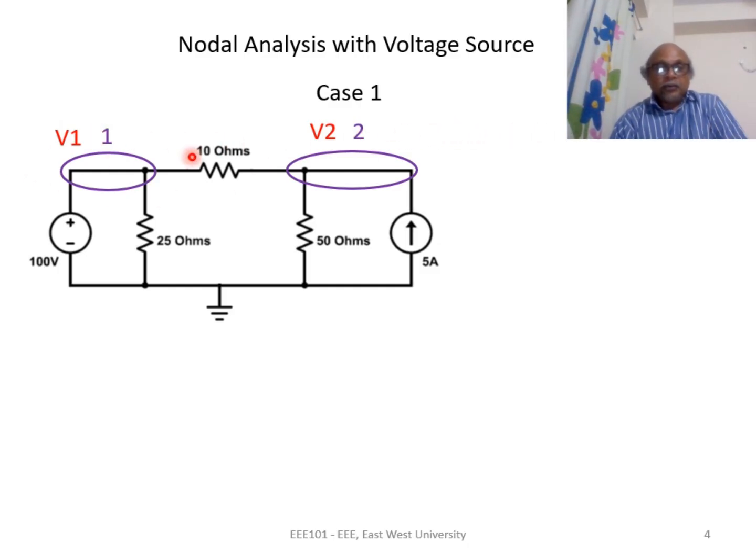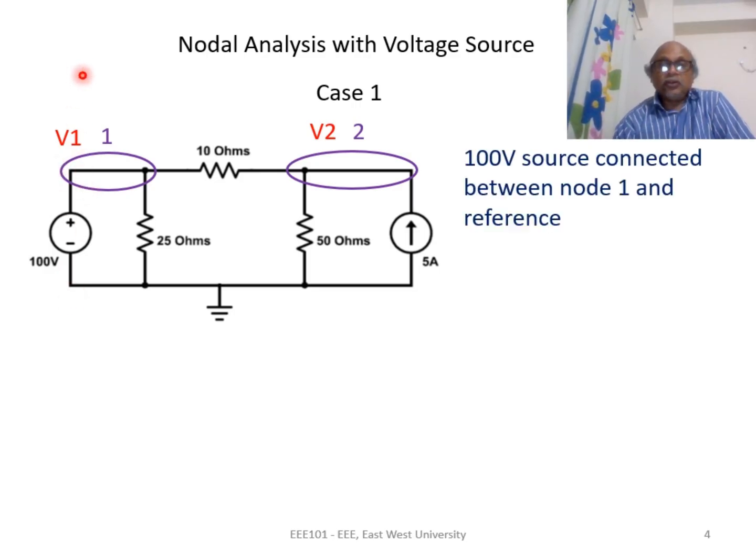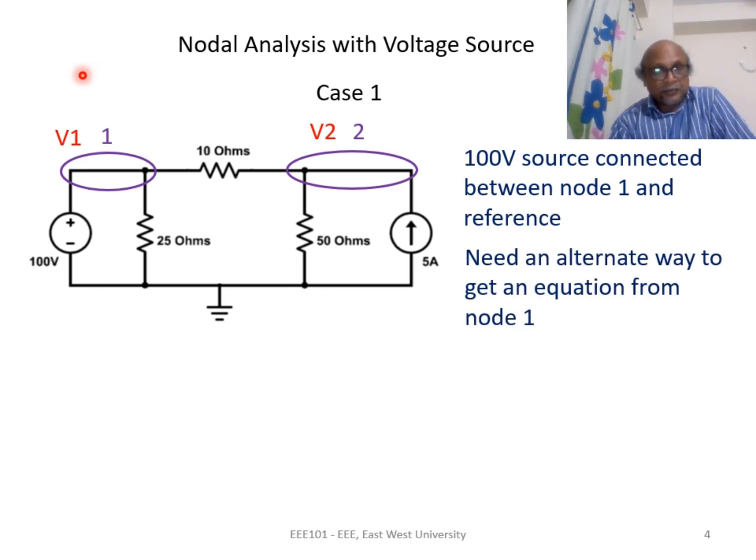At node 1, we have two resistances connected, but we also have a 100 volt source. This is connected between reference and a non-reference node. So this is an example of case 1. Because of the presence of this voltage source, we cannot write node equation at node 1 and we need an alternative way. What is the alternative way?